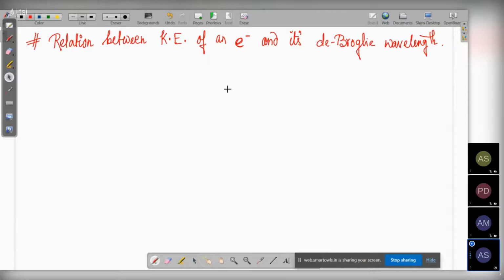Try to do the derivation. Think how you can get to kinetic energy by using the de Broglie equation.